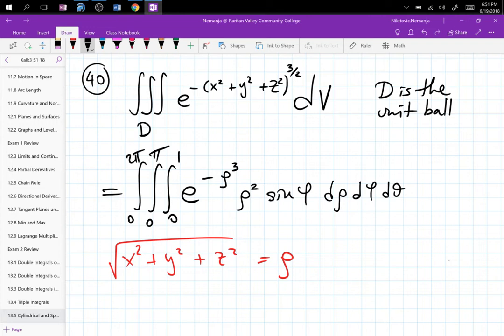The important part is to realize that the square root of x squared plus y squared plus z squared is rho, because of what rho is as a sphere. For the circle, you had the square root of 9 minus x squared. We had that earlier, right? The square root is there.